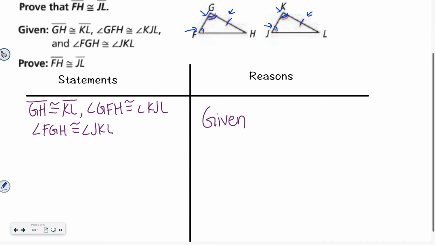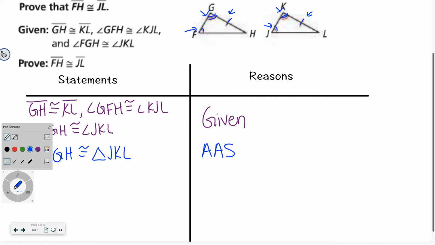So I can say right off the bat that triangle FGH is congruent to triangle JKL. Wow. My letters are terrible today. Sorry, guys. And that is by angle, angle, side.